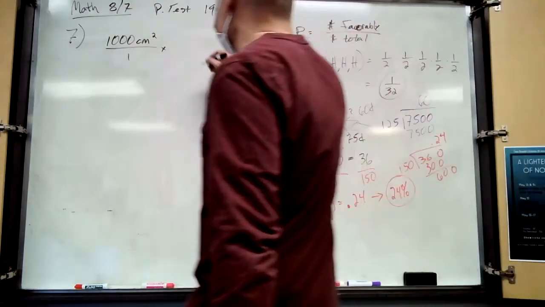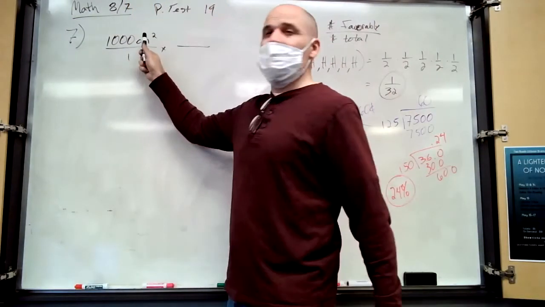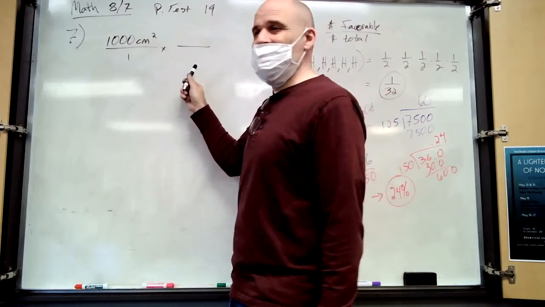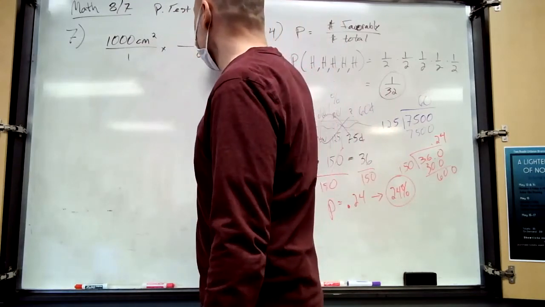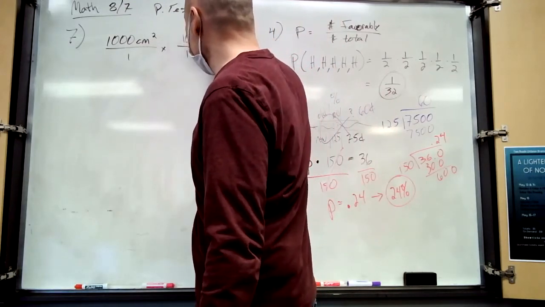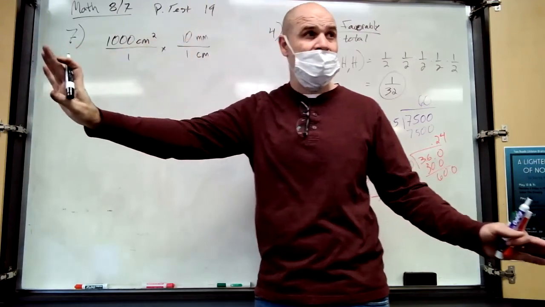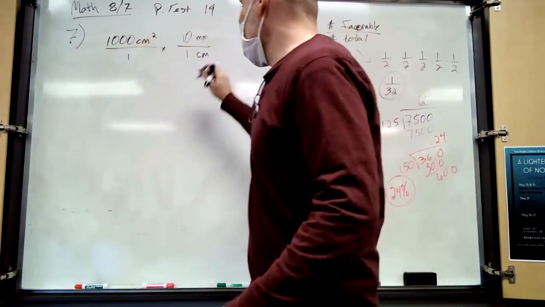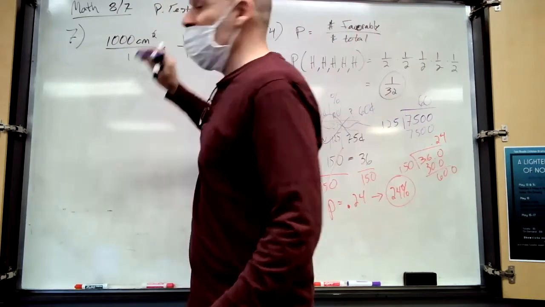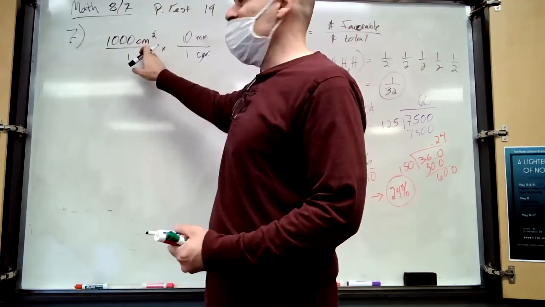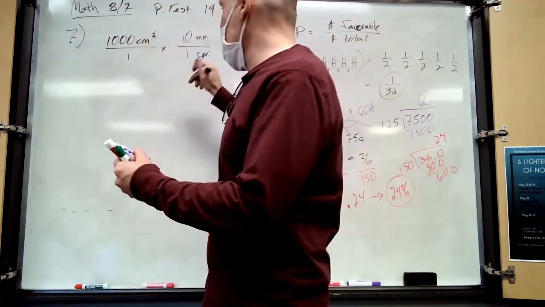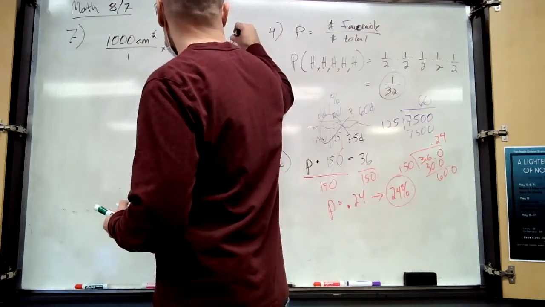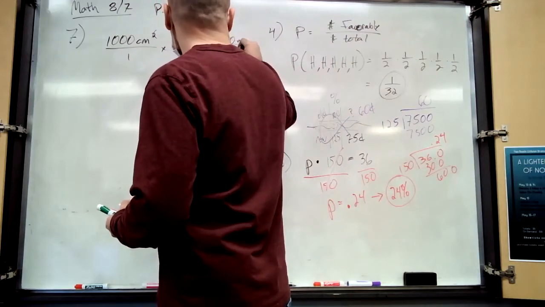So, unit multipliers, remember we put the labels diagonal from each other. So 1 centimeter is 10 millimeters, right? So far, so good? But that only cancels one of those centimeters. Because this is square centimeters, right? So we need another one of these. Times another 10 millimeters over a centimeter.